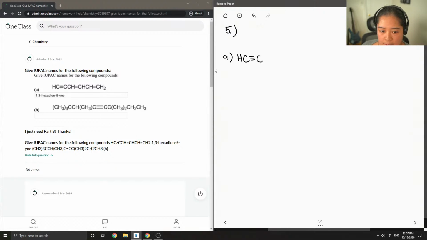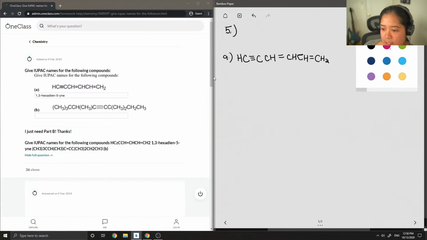Got a triple bond here. Double bond here. Oh, another. Okay, so the first thing you want to do when you want to try to name compounds like this is to think of what my teacher called the parent rule.